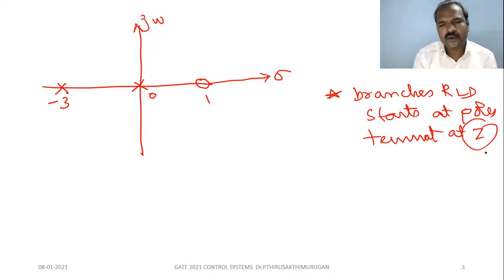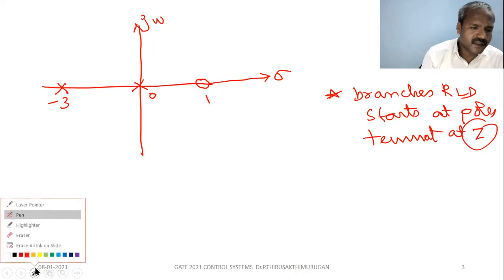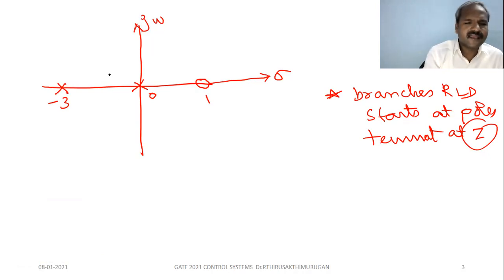Also, the root locus diagram mainly indicates the branches, so first we have to locate the branch.